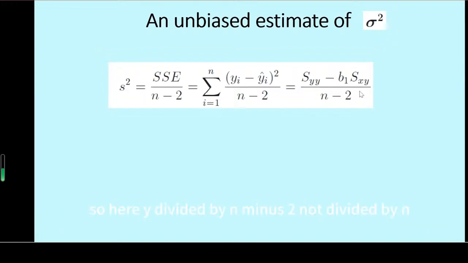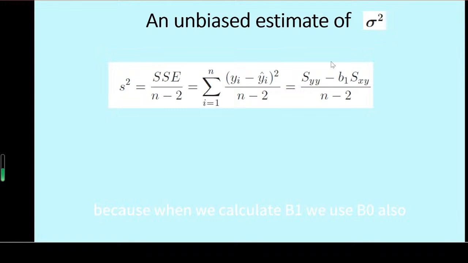So here we divide by n minus 2, not by n, because it means we lost 2 degrees of freedom in the estimation of this linear regression, because there are 2 parameters. When we calculate SSE, we use 2 parameters, one is b1, another is b0.